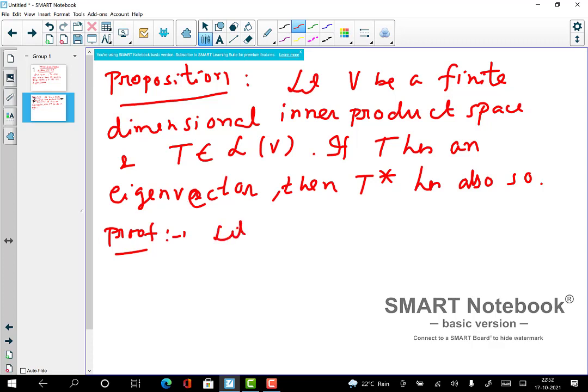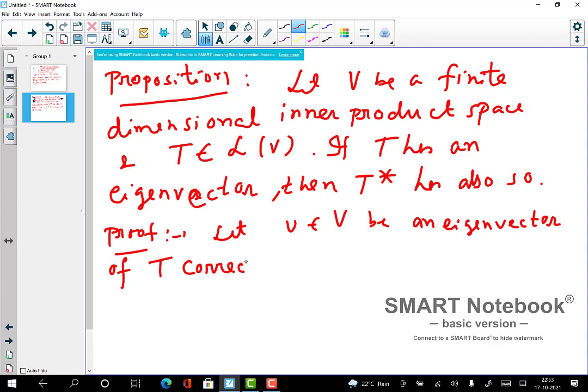So let v belong to V be an eigenvector of T corresponding to the eigenvalue, say c, where c is in the field.